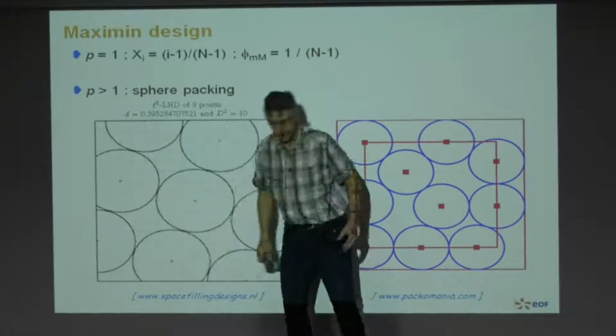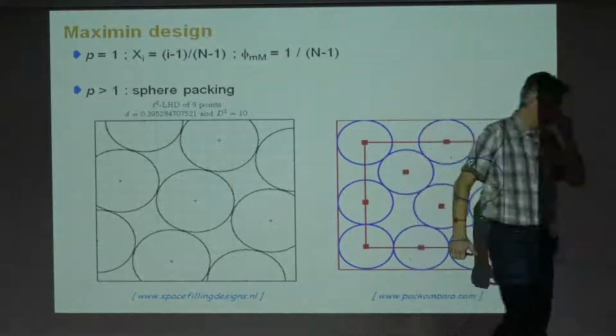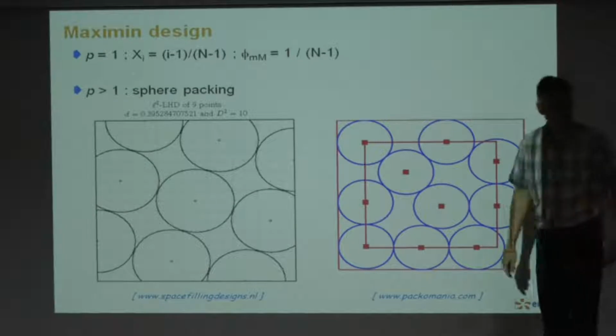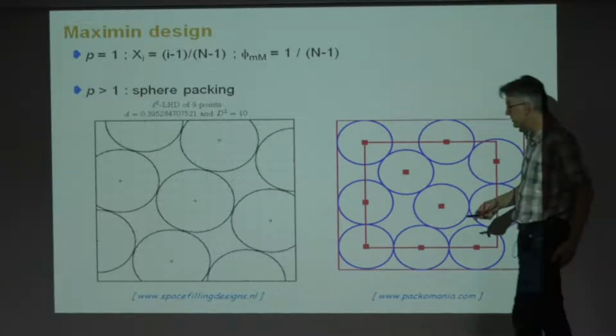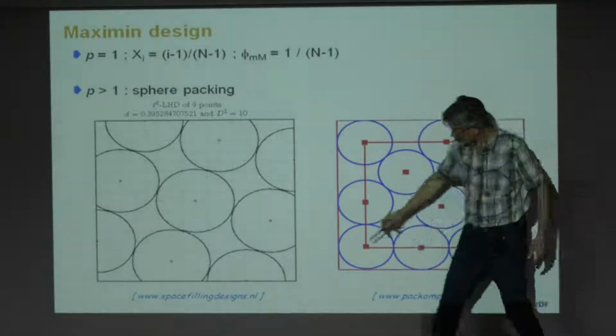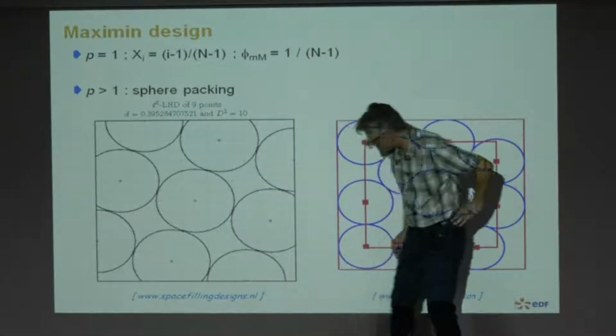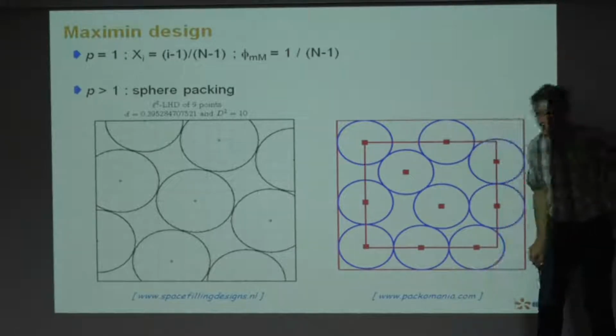Like this. And the idea is to find this kind of optimal packing of spheres. So if you are interested in this kind of geometrical figure, you can find a lot of things on this website and on this website.